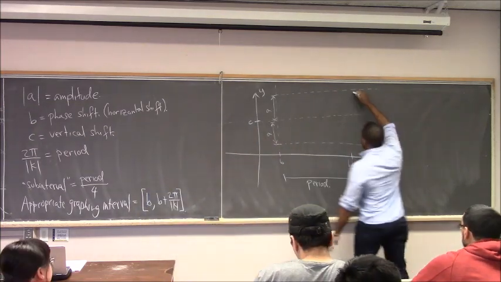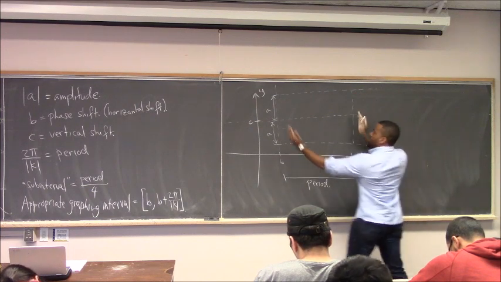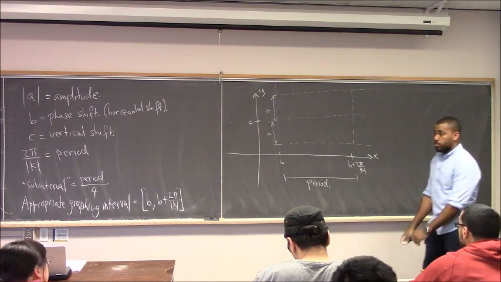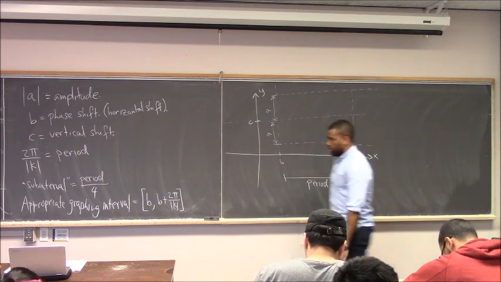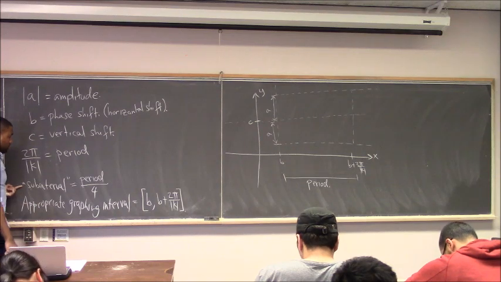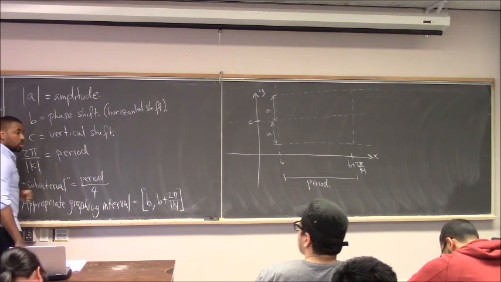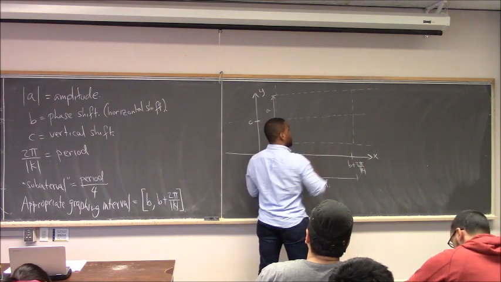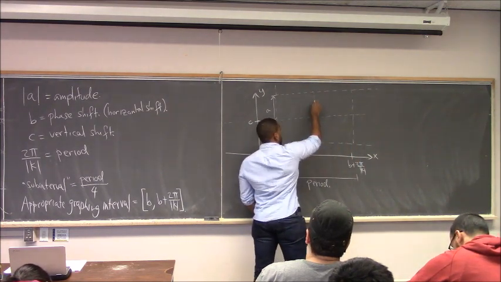Now you have a window. Here's where you're going to want to draw your trig function. As mentioned, there's this thing called a subinterval, which is just the period over 4. Basically, you're going to take this length and divide it into 4 equal pieces.